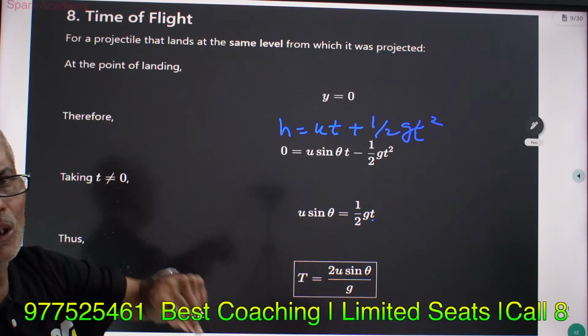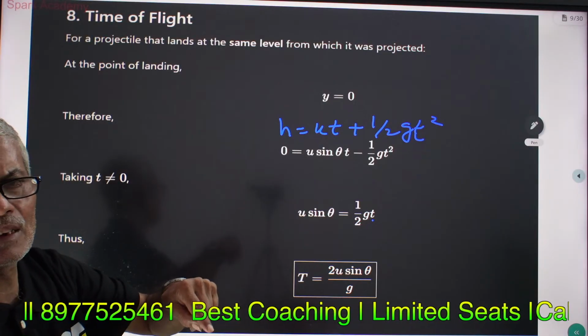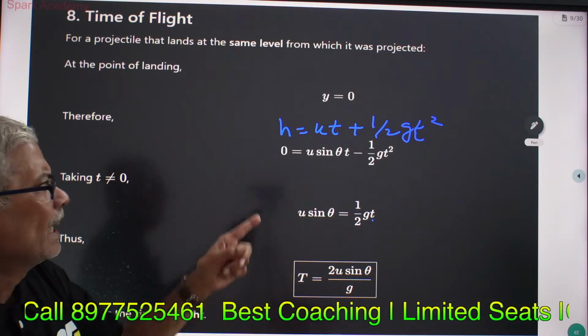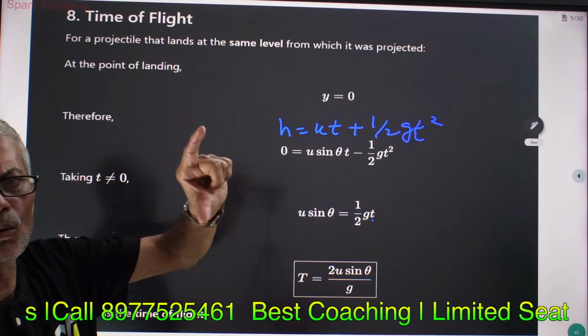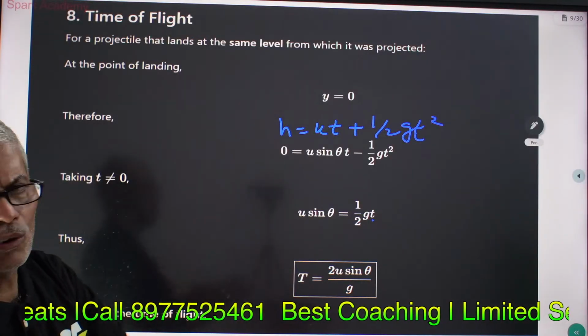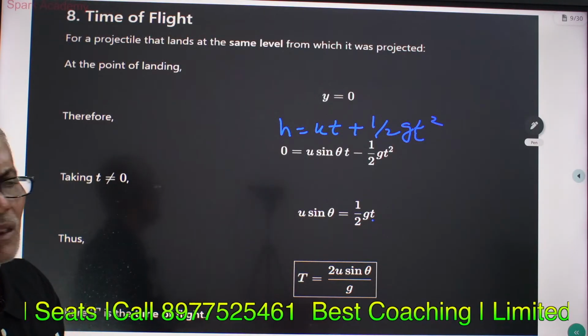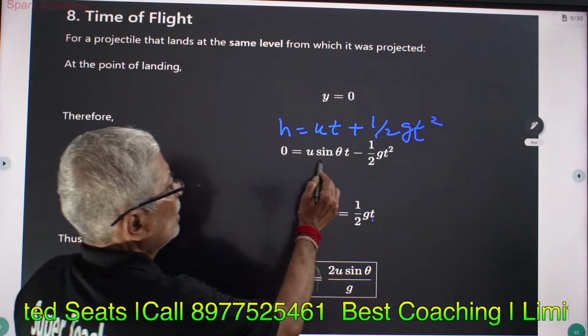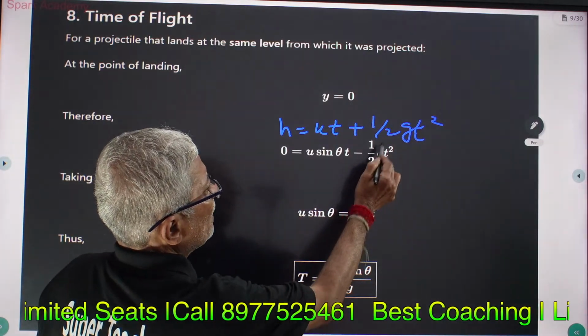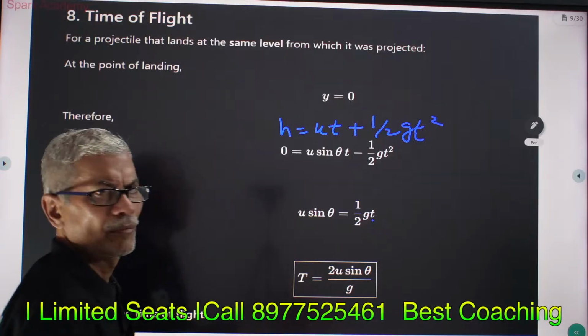H is represented by y, no. So y will be equal to 0 when the projectile touches the x-axis. So 0 is equal to u sin theta into t minus half gt square.